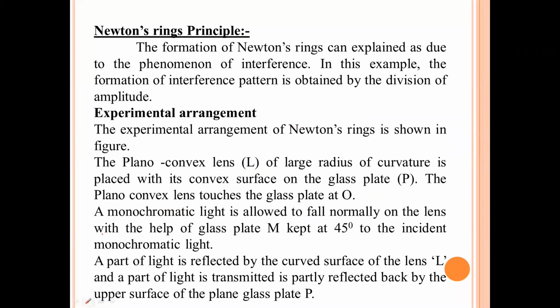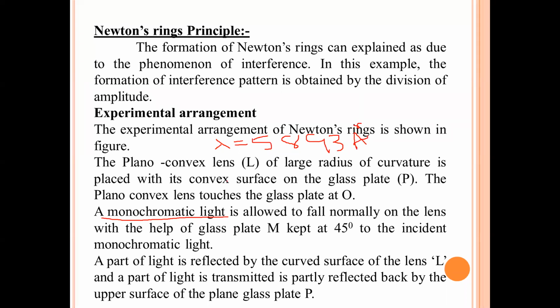Now a monochromatic light. Already I said that in this experiment we use a sodium vapor light, which is yellow in color. That means single wavelength light. Actually, the wavelength of the sodium vapor light, that means lambda, is equal to 5893 angstroms.